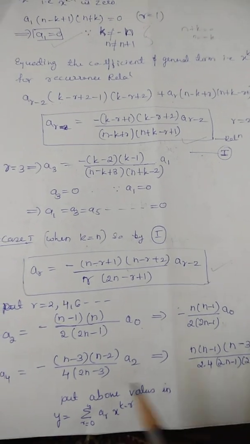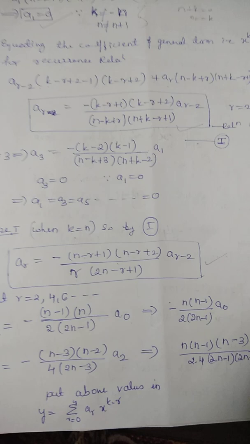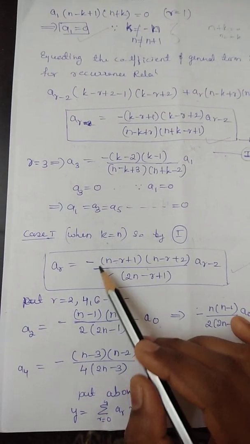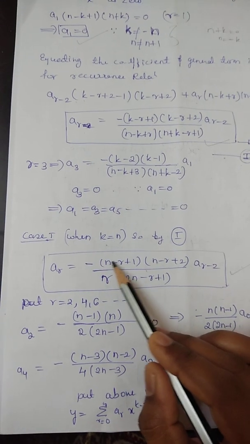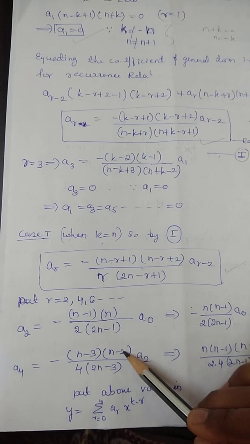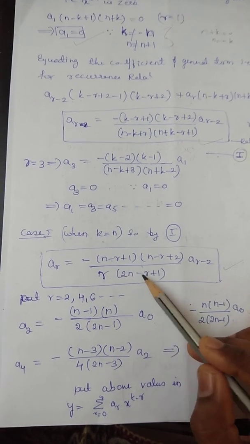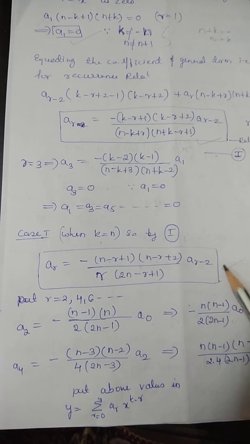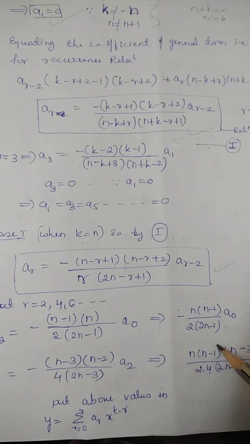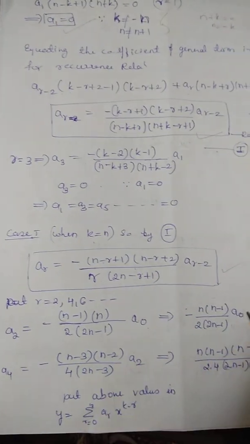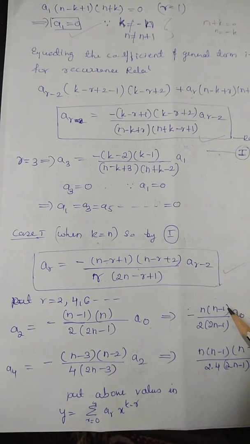Okay, keep as it is this. Now let us put r value 4. Here minus of n minus 4 plus 1 is n minus 3. n minus 4 plus 2 is n minus 2. This is 4. 2n minus 4 plus 1 is 2n minus 3, and this is 4 minus 2 is 2. So n into n minus 1. Now in place of a2 we have to substitute the a2 value. a2 value is what? Minus n into n minus 1.